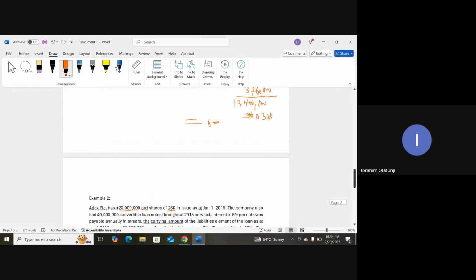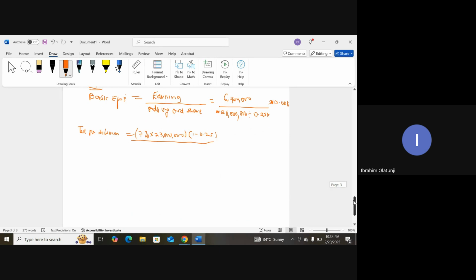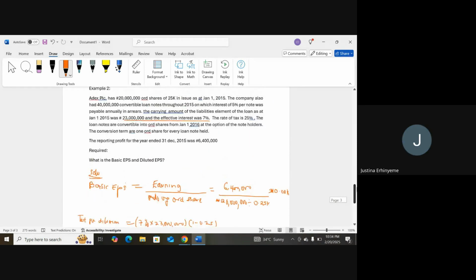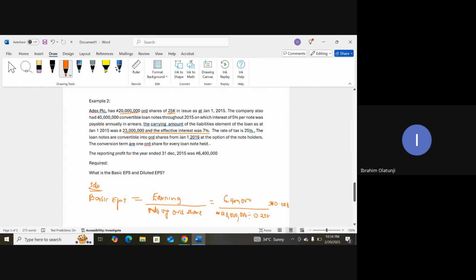We are given the number of shares it will convert to.